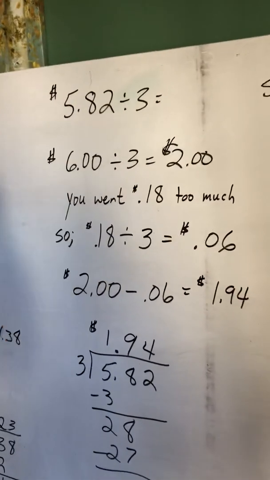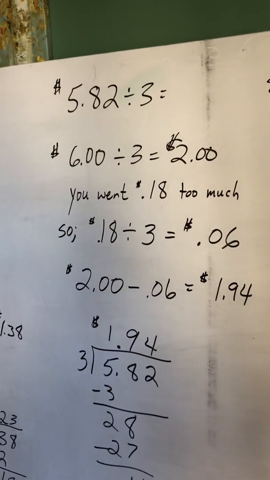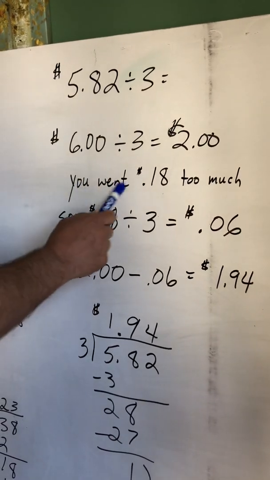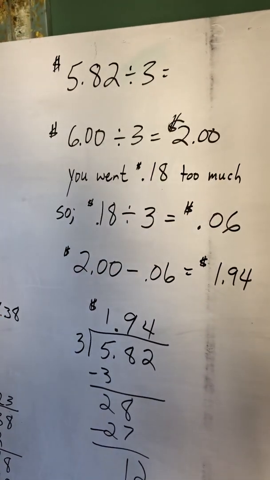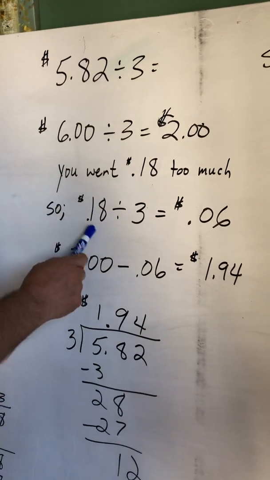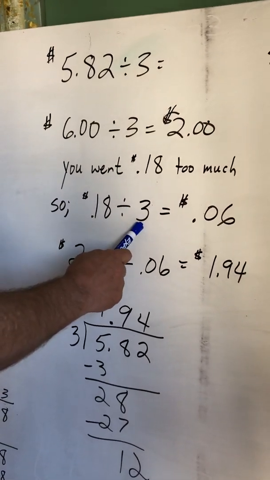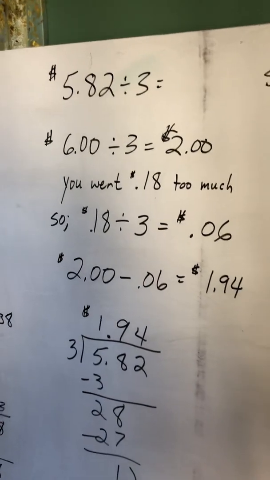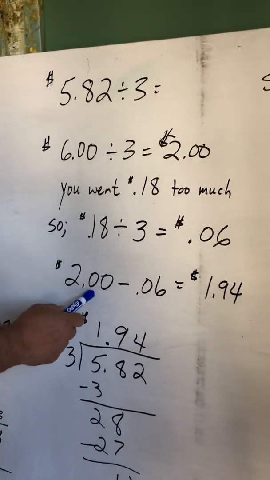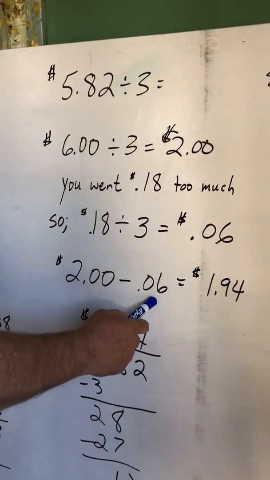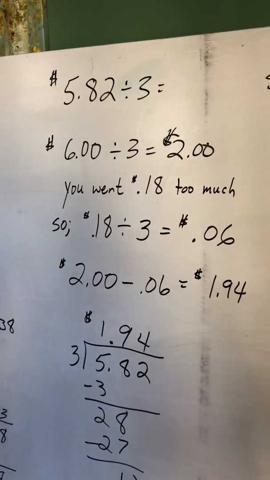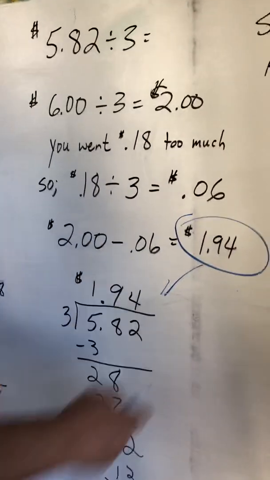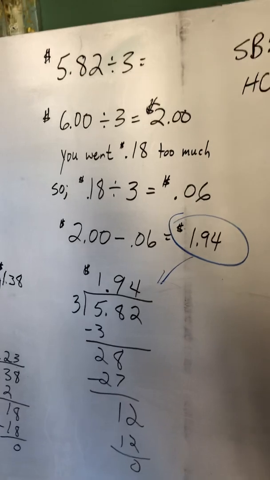Well, it's almost $2 a piece, except it's short 18 cents. So you went 18 cents too much. So if you take that 18 cents divided by the 3 people, you have to take away 6 cents per $2. So $2 minus 6 cents is $1.94. And as you can see down here, that's the answer, okay?